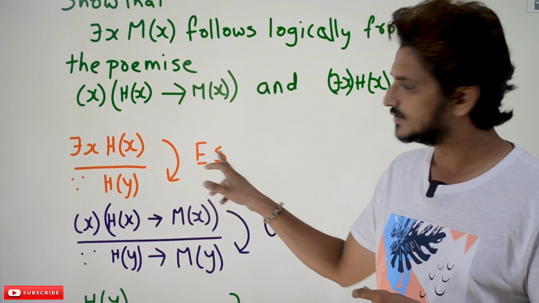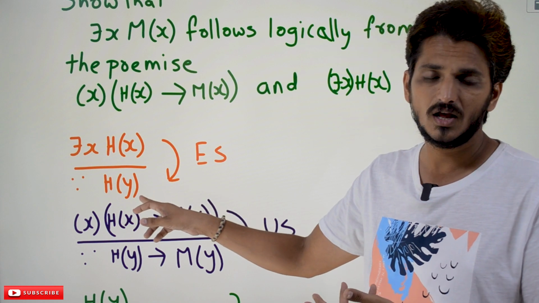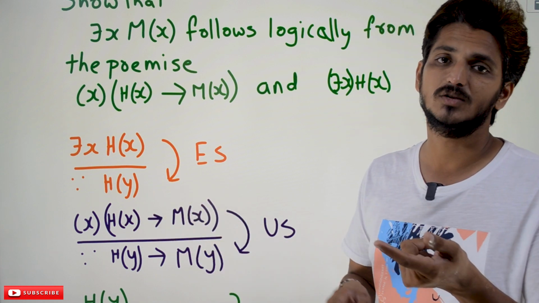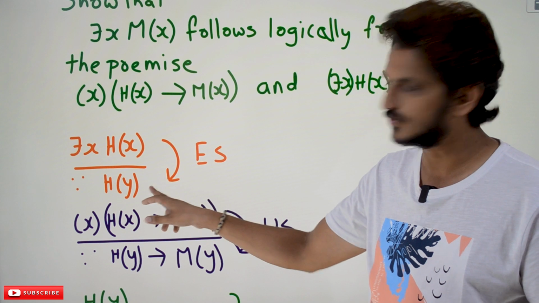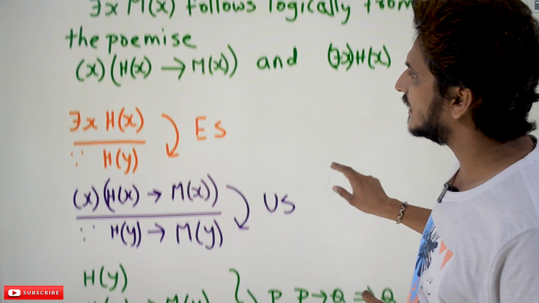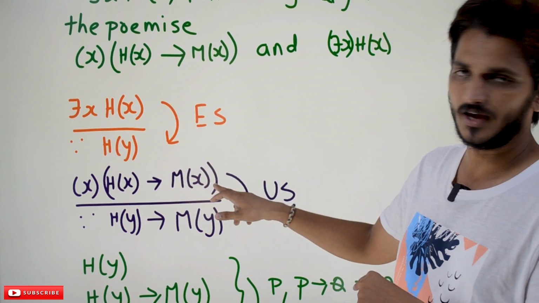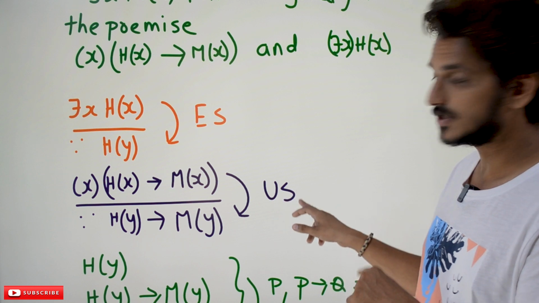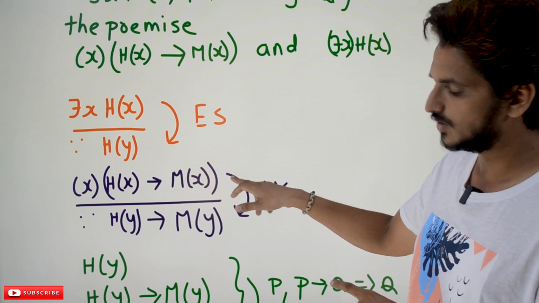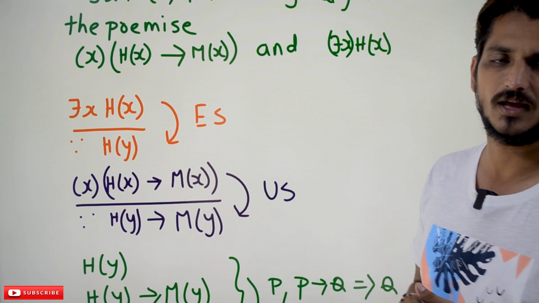Why we can write this was discussed previously, so we are not explaining again why we write h of y. Coming to the next one, take the equation for all x, h of x implies m of x. Using universal specification, we can write this in the form of h of y implies m of y.